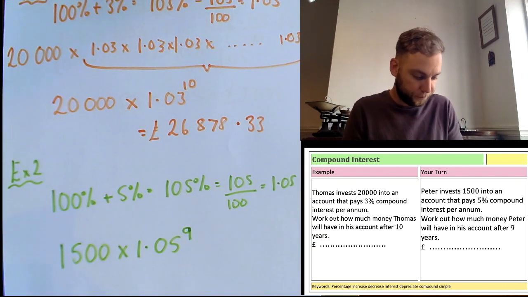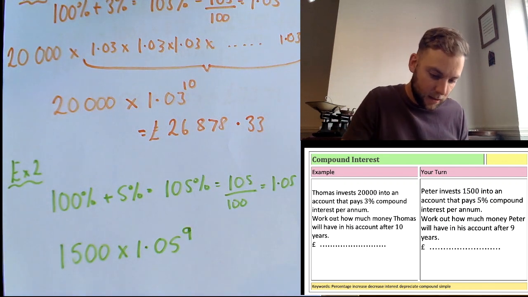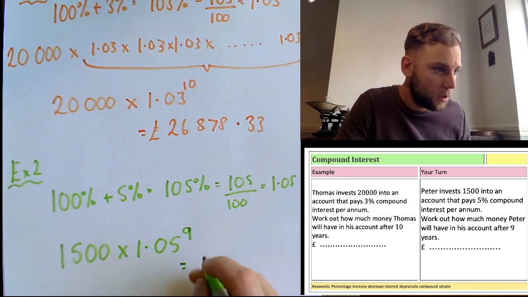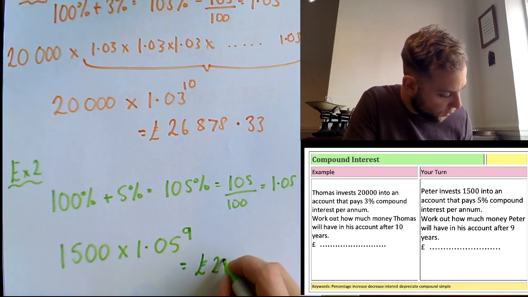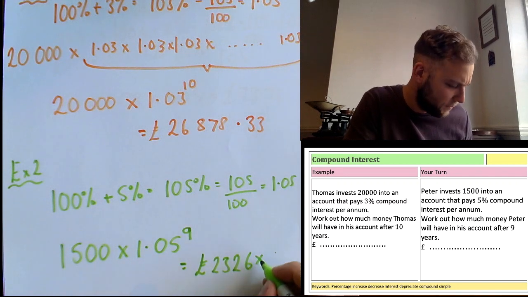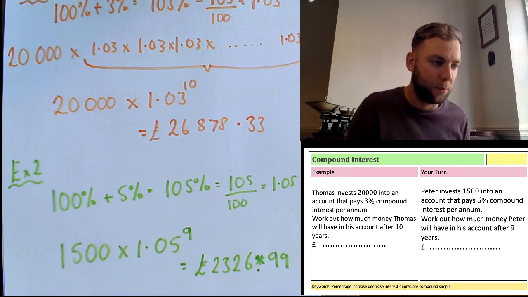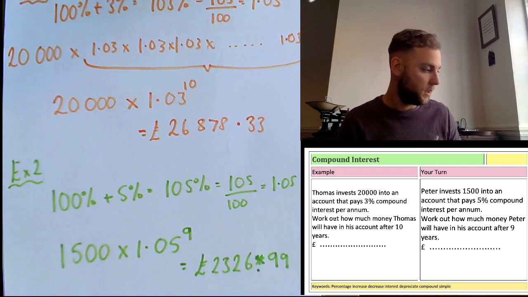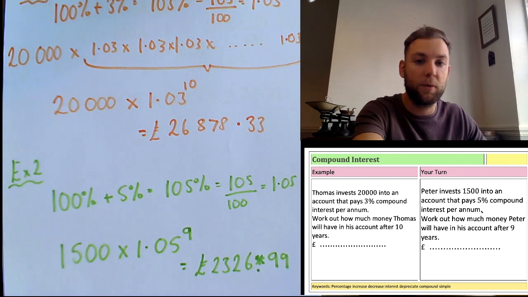So £1,500 times by 1.05 to the power of 9 is equal to 2,326.99. Brilliant. Super. So that's when we're doing compound interest.